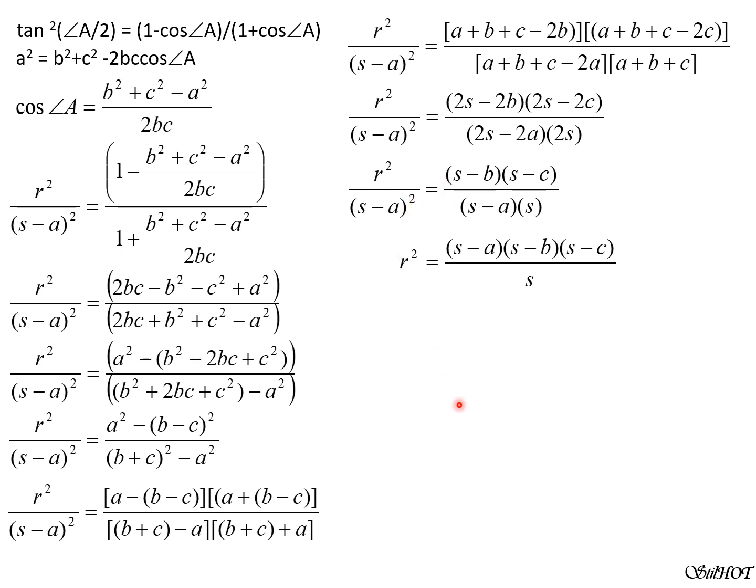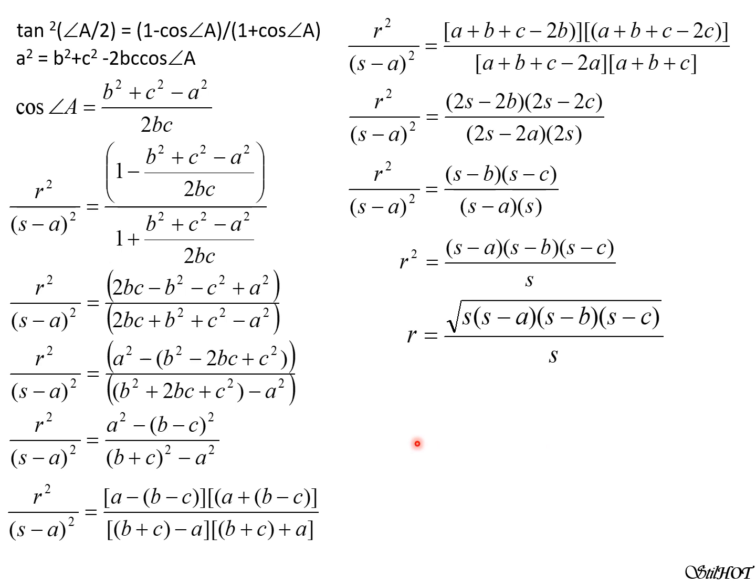So finally, r is the square root of quantity s minus a, s minus b, s minus c, all over s. In other words, before we extract the square root, we multiply by s here, then make this s squared. So this is the formula for the radius of the inscribed circle.